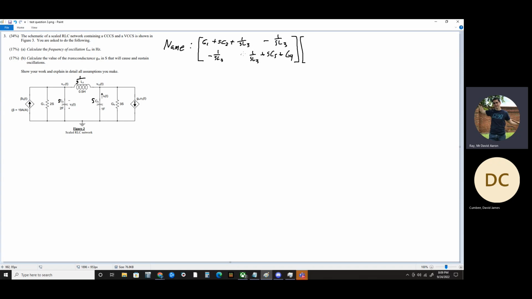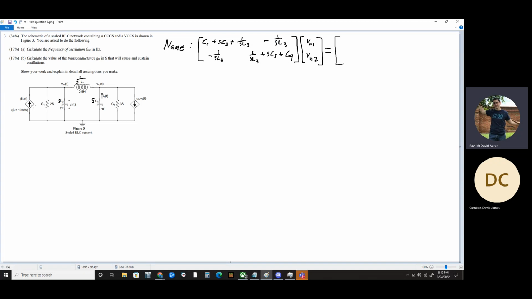Then, since this is nodal, this is going to be our conductances, this is going to be our voltages, and this is going to be our currents. Our voltages are Vn1, Vn2, and that's going to be equal to our dependent sources.